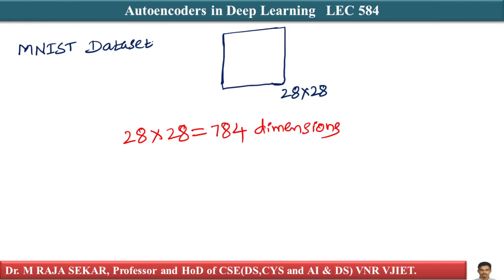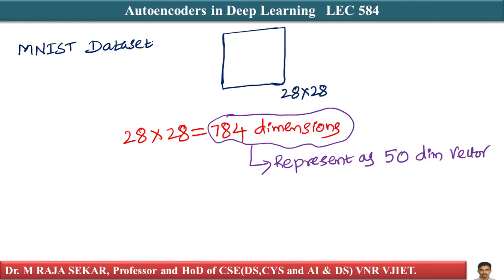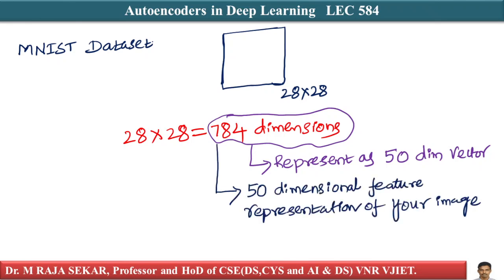If I want to represent each of these images as a 50 dimensional vector, I can use an autoencoder to do dimensionality reduction on 784 dimensions while preserving most of the information in 50 dimensional space. What I have here is a 50 dimensional feature representation of your images.